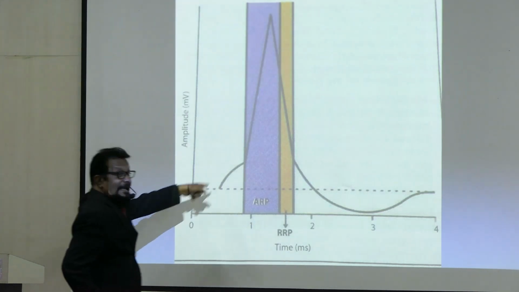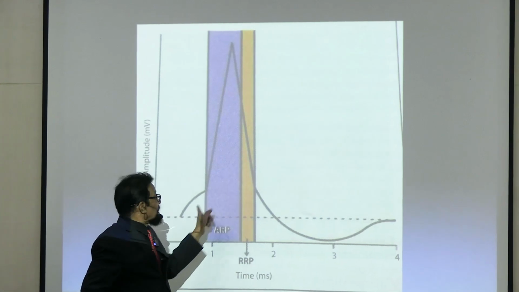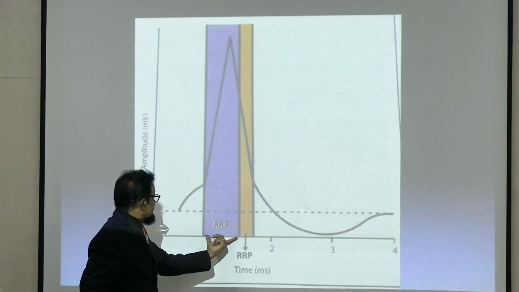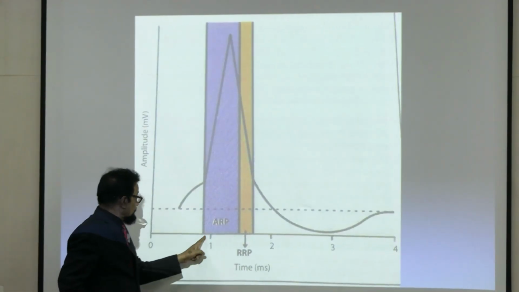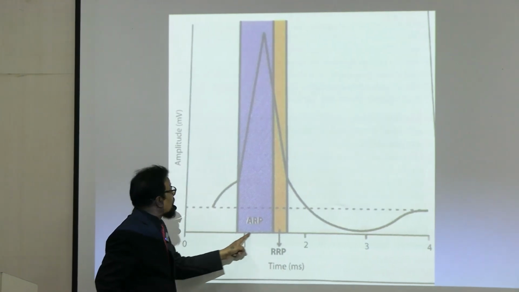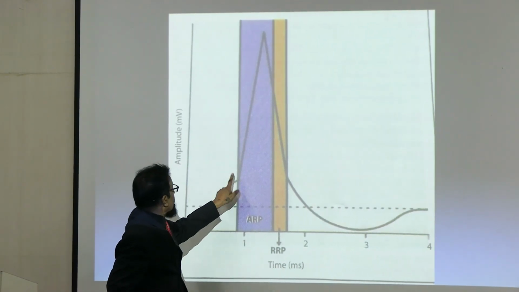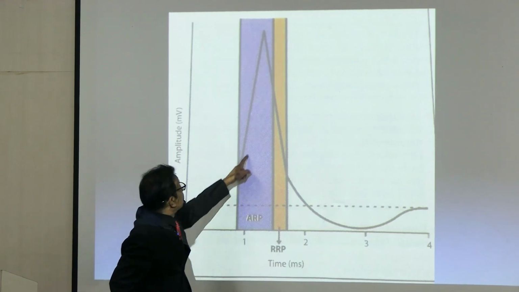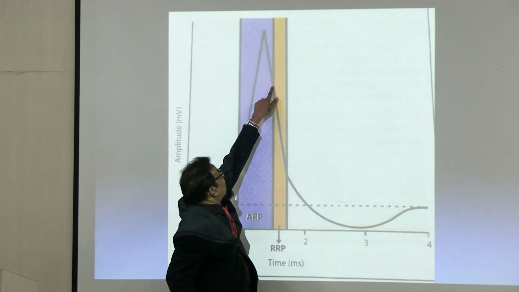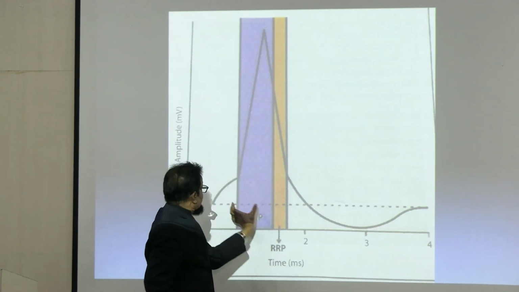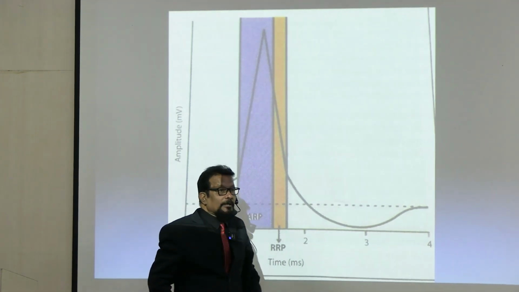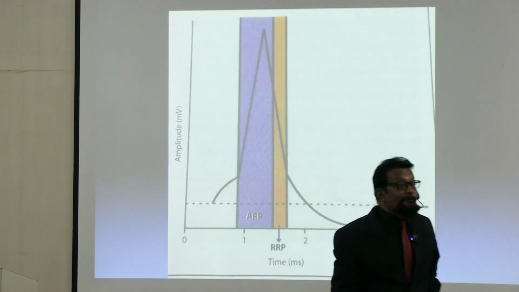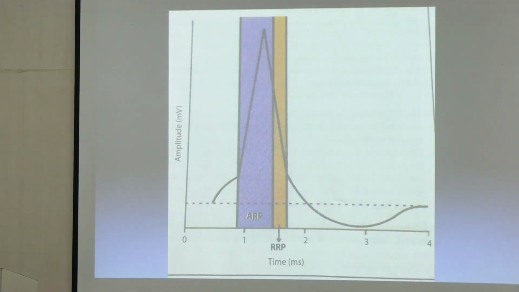This is the action potential. This period, from threshold potential through depolarization and part of repolarization, this time is called the absolute refractory period. Why has this happened?